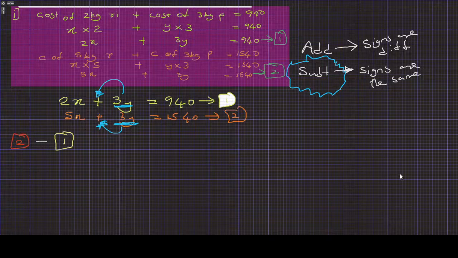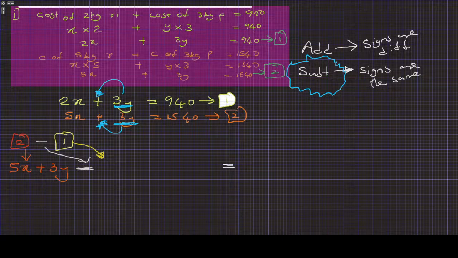Right, so let's start. Let's put the equal sign in the middle. Start with equation 2, that is 5x, the orange one, plus 3y. Then comes the subtraction sign, the minus sign. Then the yellow equation, equation 1.